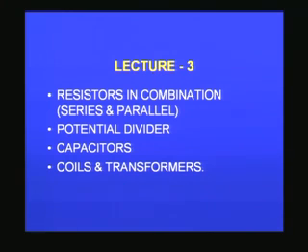Then we will also see the next type of components that we would be making use of in electronics, namely capacitors. And lastly, we will also see some basic ideas about the coils, the inductances as we call them, and transformers, which also form a very important part of learning electronics.